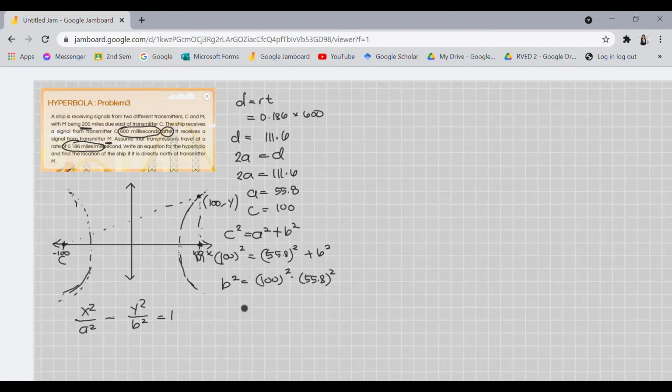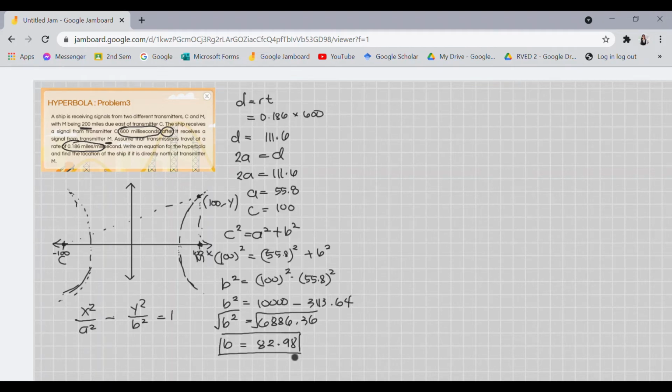So, we have B squared is equal to 10,000, okay, minus 3,113.64 for 55.8. This is rounded off. And then, we have B squared is equal to 6,886.36. And then, to get the value of B, we get the square root. We now have the value of B as 82.98. Okay? So, take note lang natin itong mga values na ito.